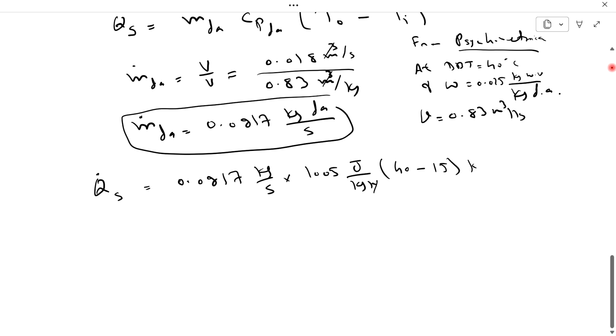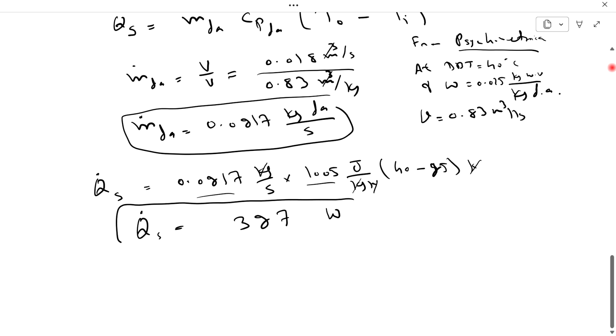So Kelvin will be cancelled with Kelvin, kilogram will be cancelled with kilogram, joule per second is equal to watt. Difference of 40 and 15 is 25, multiplied by 1005 multiplied by this value. So sensible load for infiltration is equal to 327 watt. This is sensible.